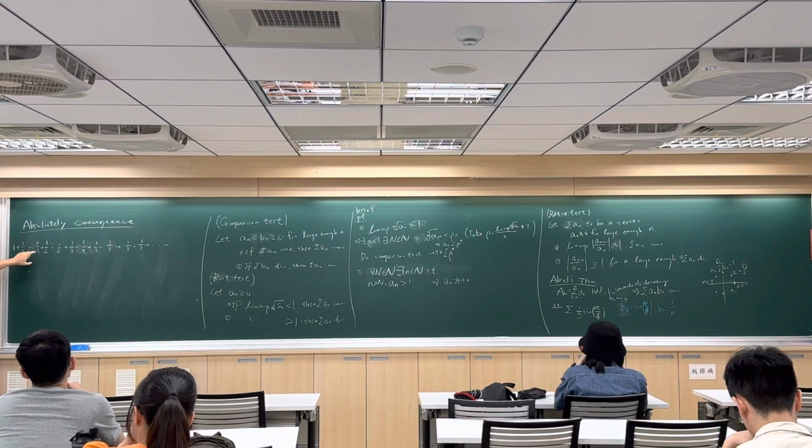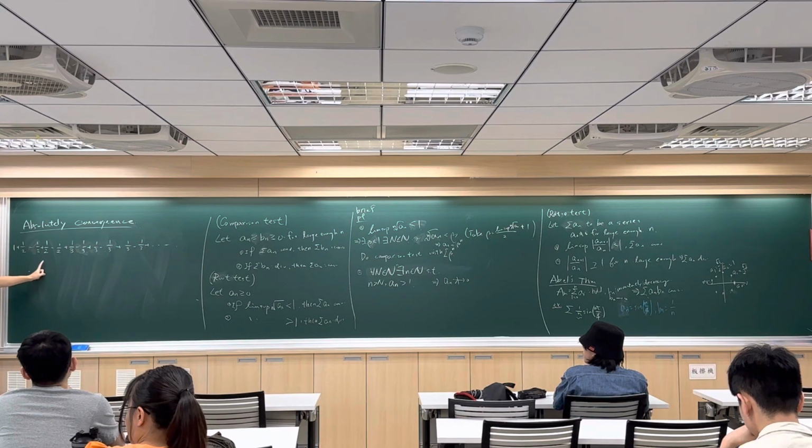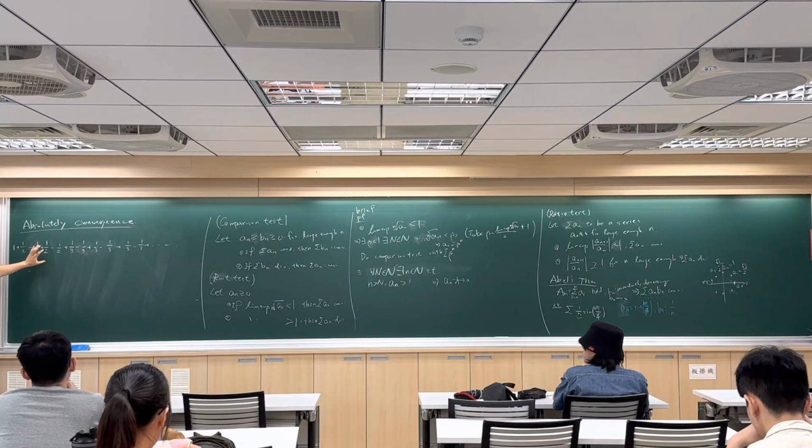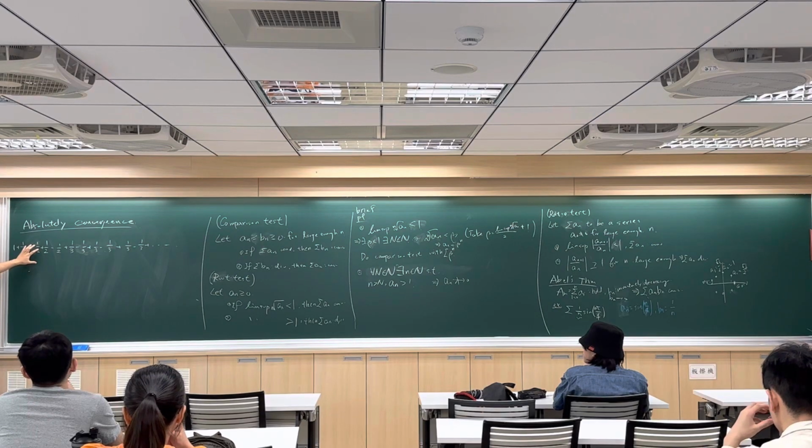So we just repeat it, plus 1 over n minus 1 over n, for n times. Does this series converge or not?